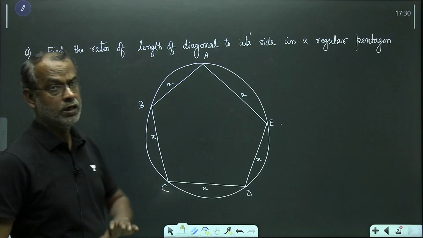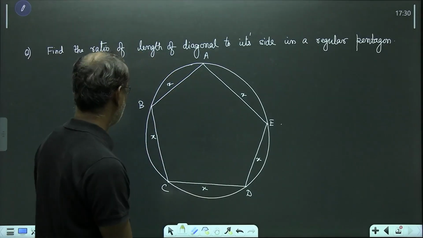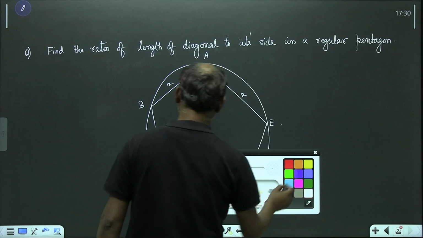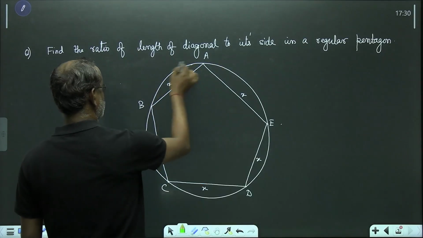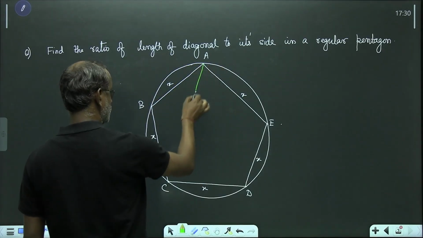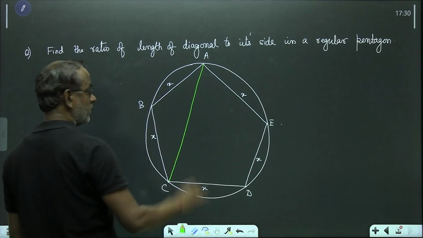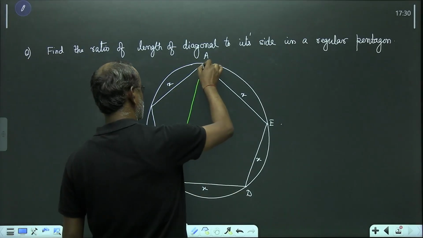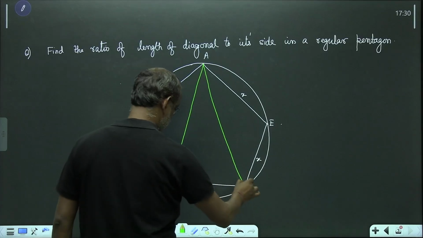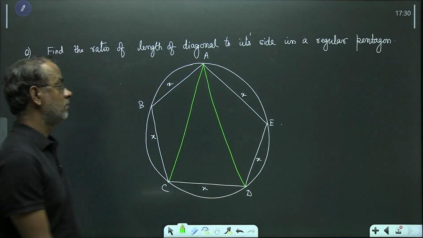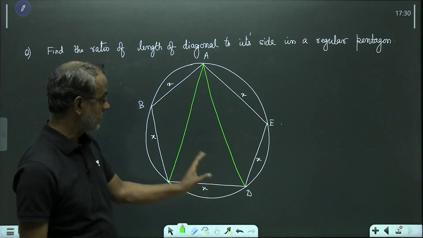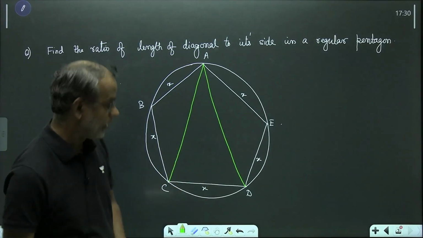All regular polygons have a circumcircle. If you look at its diagonals carefully, this is a diagonal. This too is a diagonal. You can see by symmetry that these two diagonals are equal in length, and so will be the other diagonals.